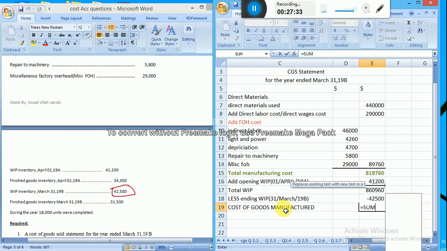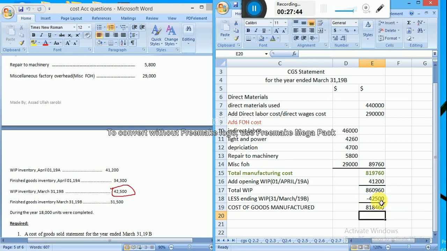Simple: total work in process minus 42,500. So the 8,18,460 goods we produced.